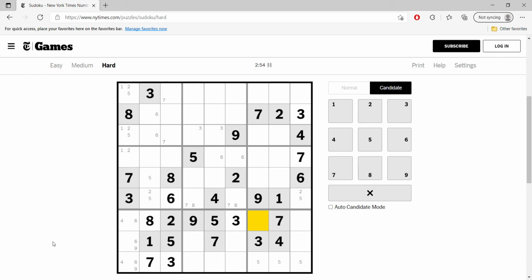Actually, 4 in this row can only be here. So this is actually 6. This is 1. These are 1s. 4 we just know is like this. 1's in 2 cells here, 9 is in 2 cells, just flat here.